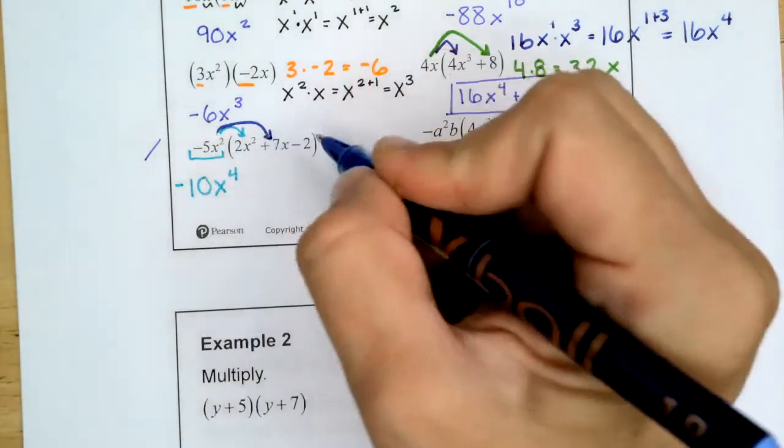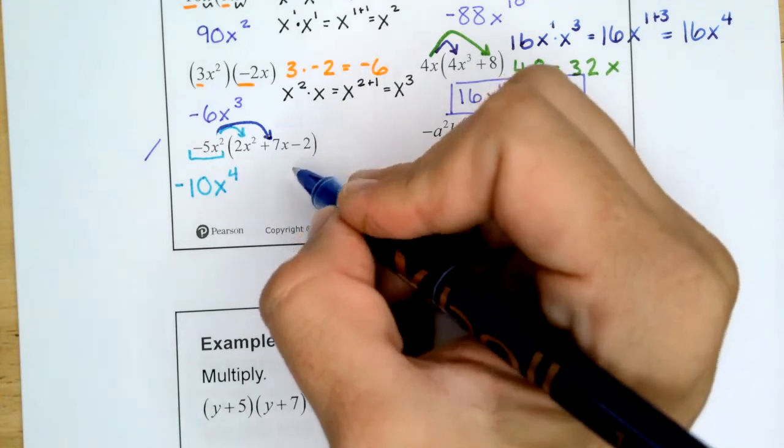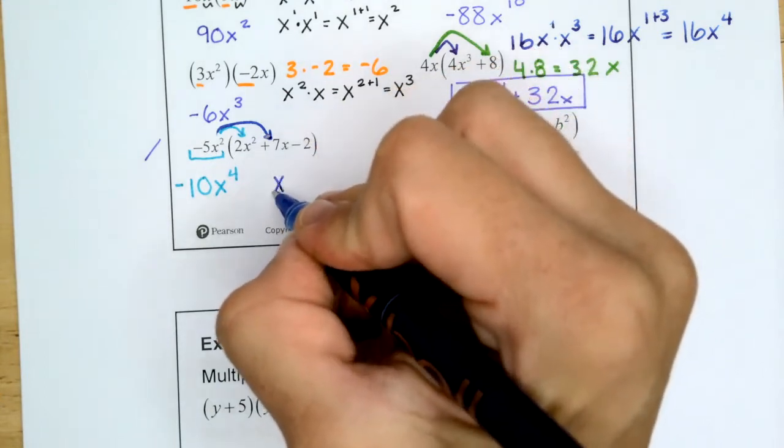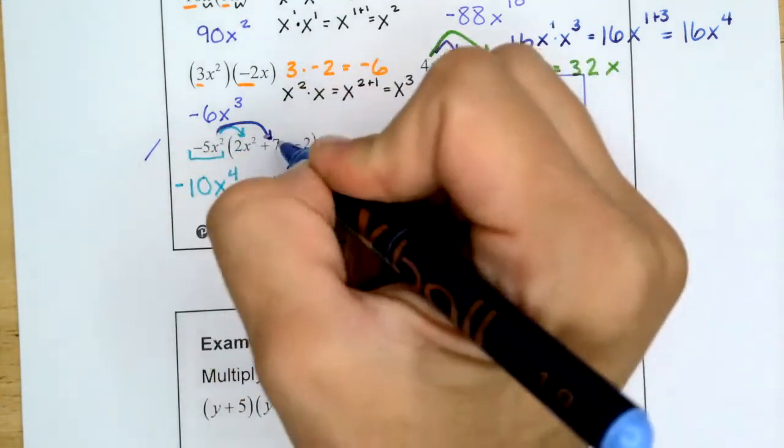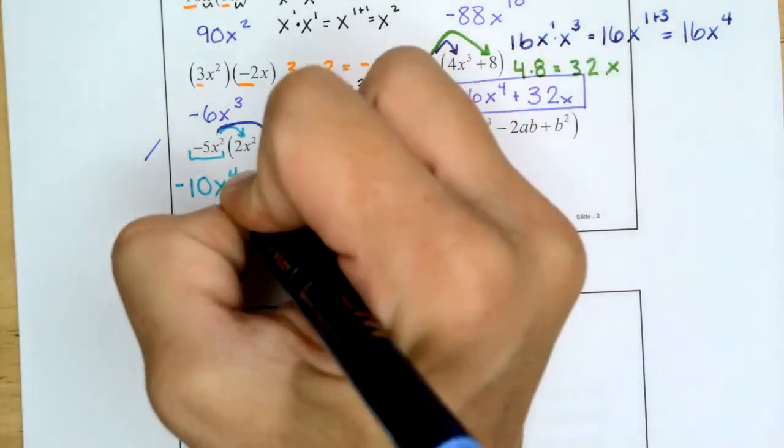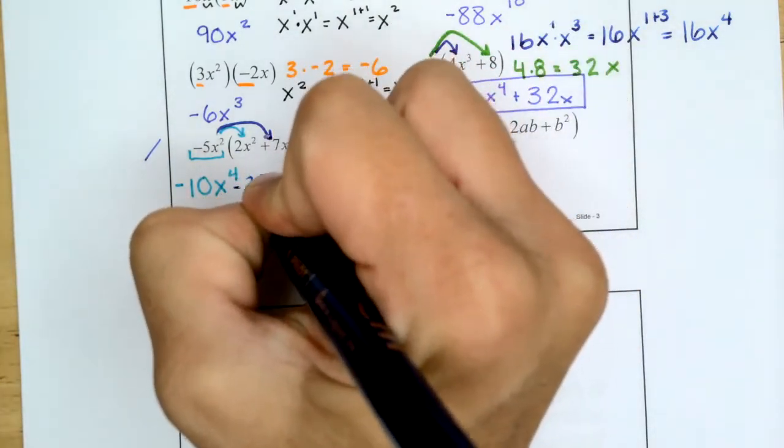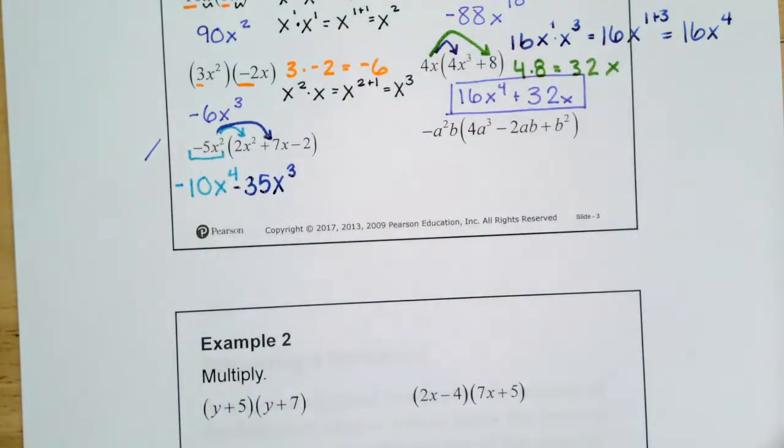X squared times x gives us x to the 3rd. Negative 5 times 7 is negative 35, negative 35x cubed.